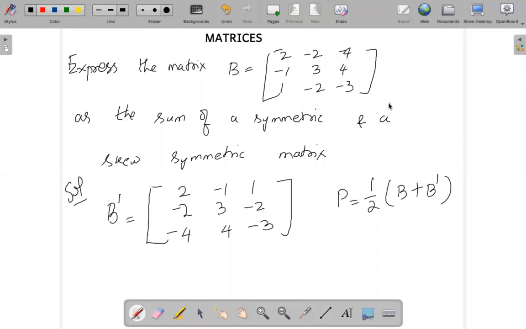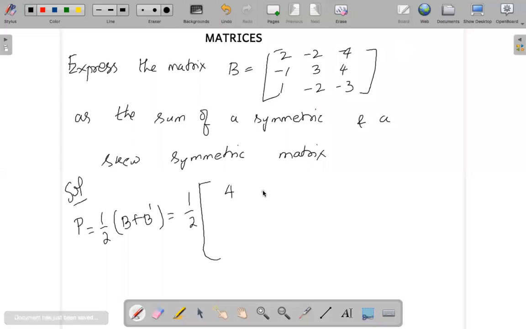Let us first find this. 1 minus 2, please check. Minus 1 minus 2 will be minus 3.